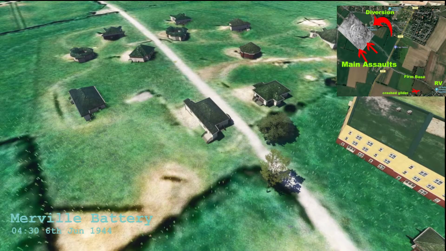So when Lieutenant Mike Dowling has reported to Otway that they have been destroyed, Otway has to go back in and check.